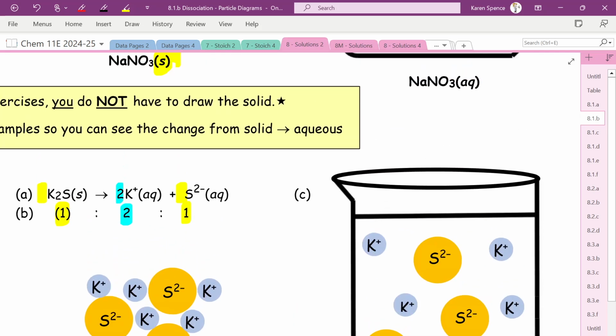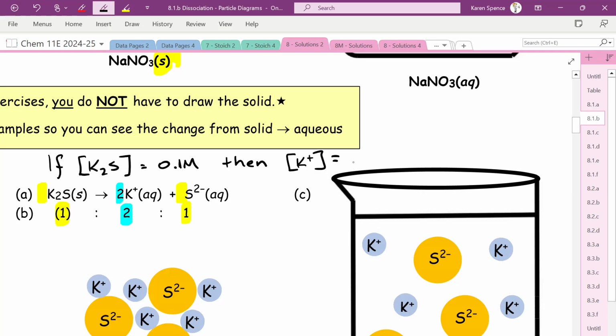Okay, now what if the concentration of K2S was equal to 0.1 molar, then what would the concentration of K plus be? 0.2, because we've got that 2 coefficient in front of the K. And the concentration of S2 minus would be 0.1 molar.